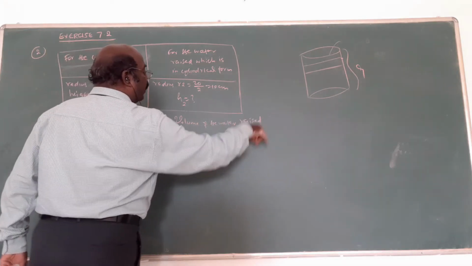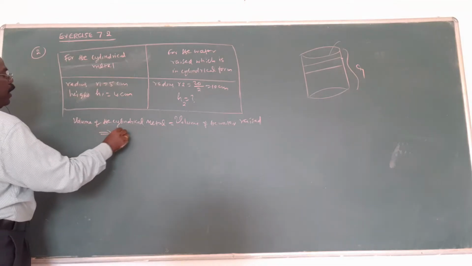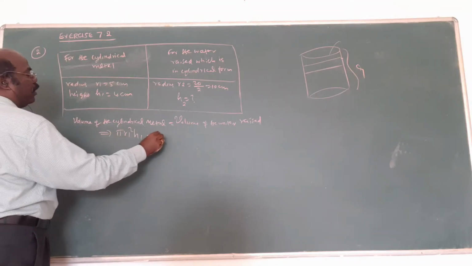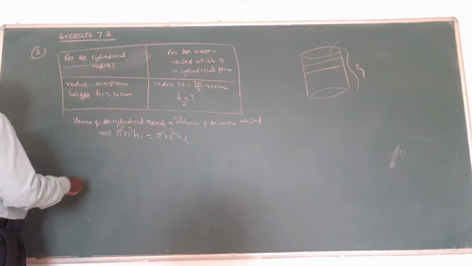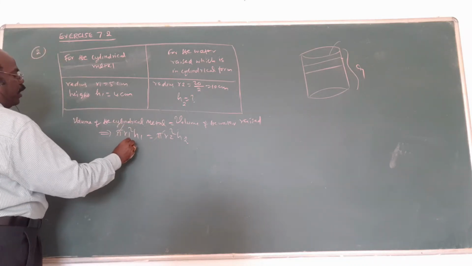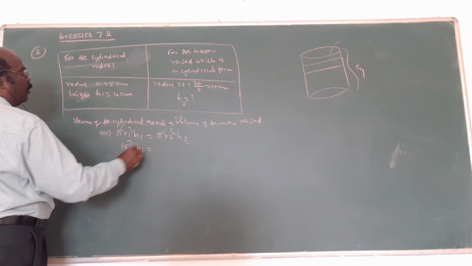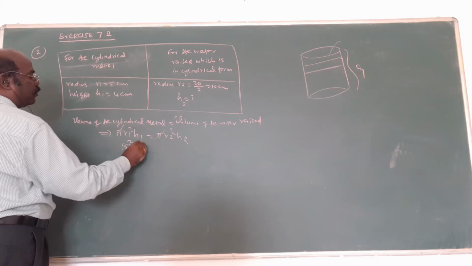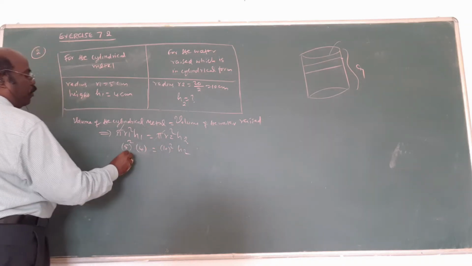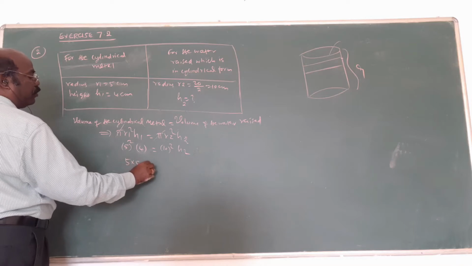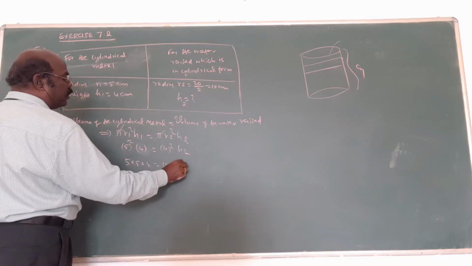Using the formula, pi R1 square H1 equals pi R2 square H2. R1 is 5, H1 is 4, R2 is 10. So pi into 5 into 5 into 4 equals pi into 10 into 10 into H2.